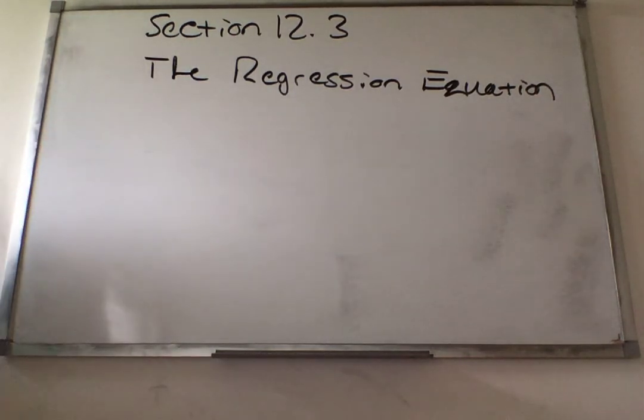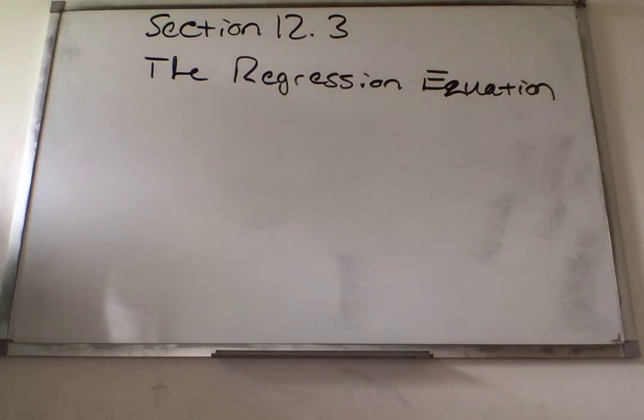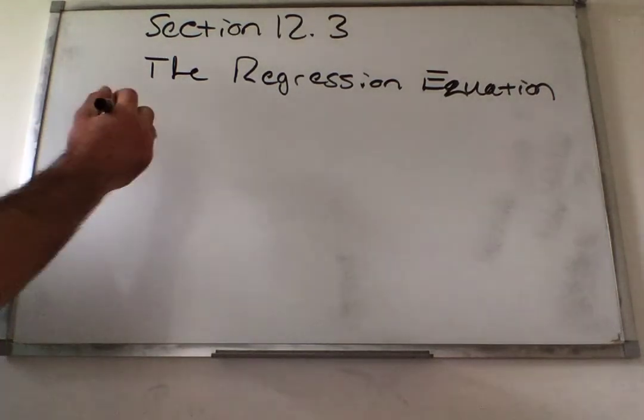So, 12.3 is the regression equation. In the previous section, we went over scatter plots, and I showed you how to make a scatter plot with the calculator. Now, from this scatter plot, what we can do is make something called the least squares regression line.